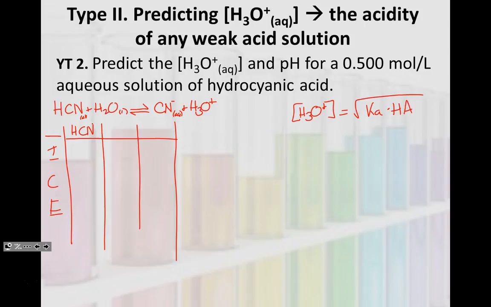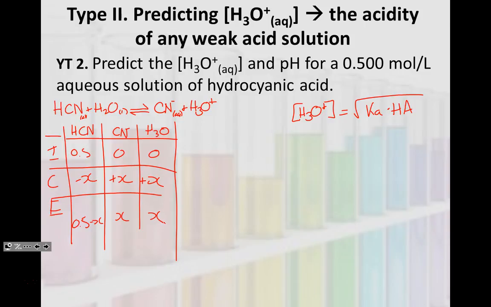HCN, CN negative, and hydronium ion concentration. I know the original concentration is 0.5, and I pretty much don't know anything else here, right? This is plus x, minus x, 0.5 minus x, x, right? And so all I'm doing is taking a whole bunch of unknowns and putting them into my Ka formula.